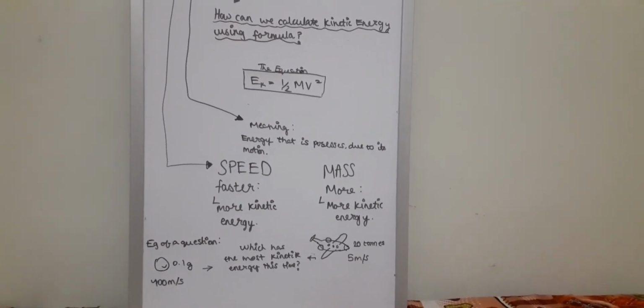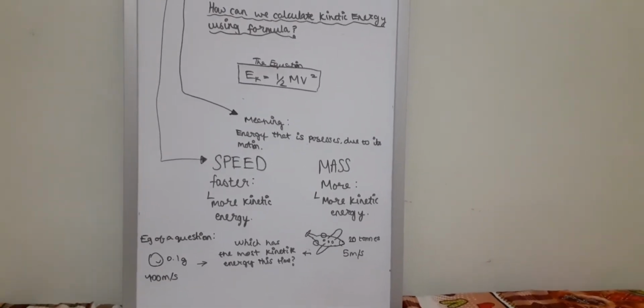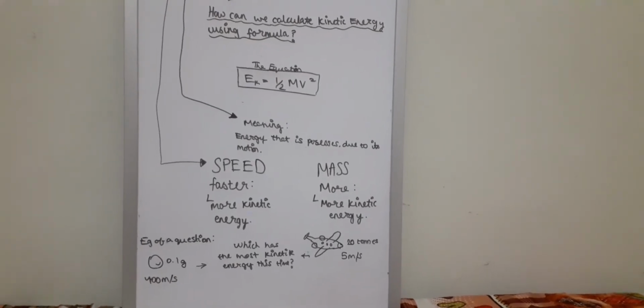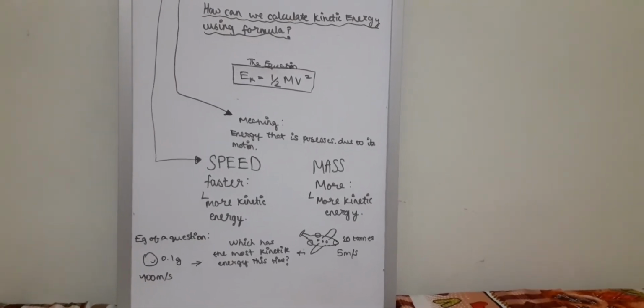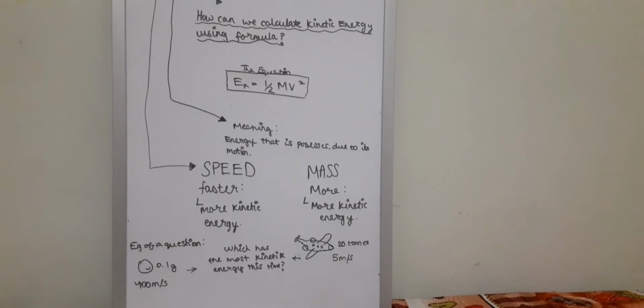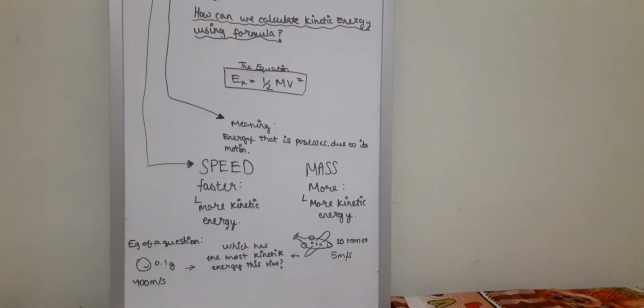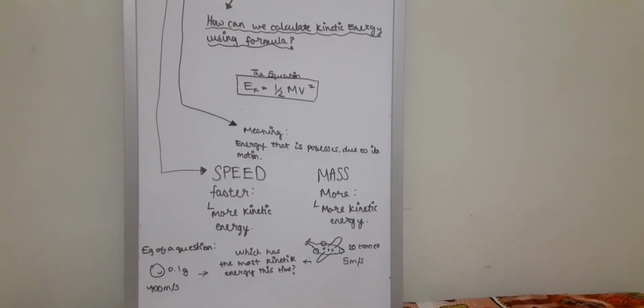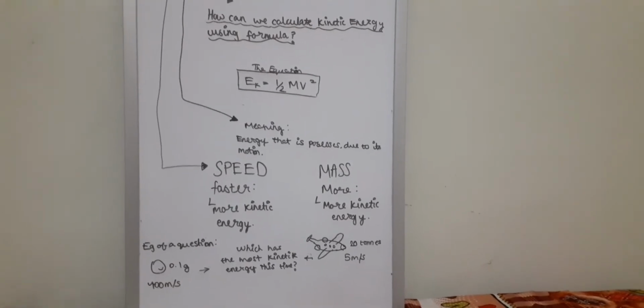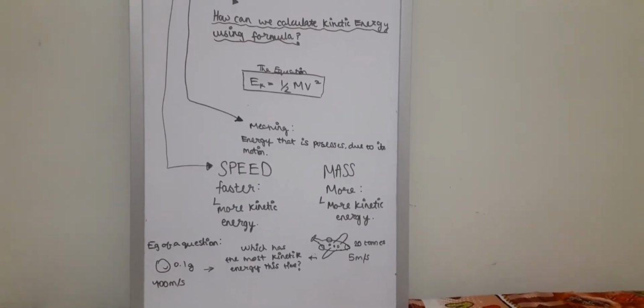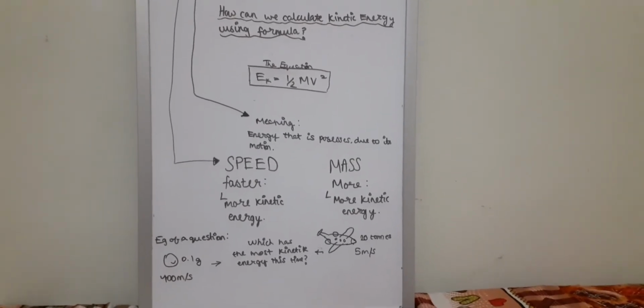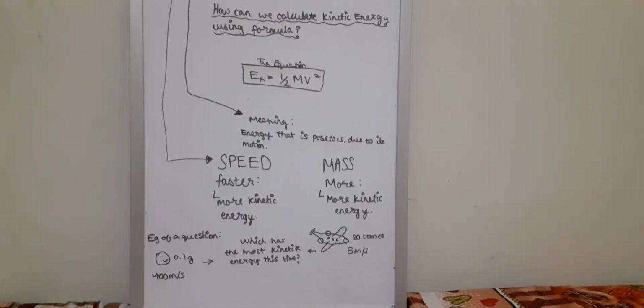It is 0.1 grams. It travels 400 meters per second. Here is an airplane. It is 20 tons and travels 5 meters per second. The question is, which has the most kinetic energy? Let's work this out.